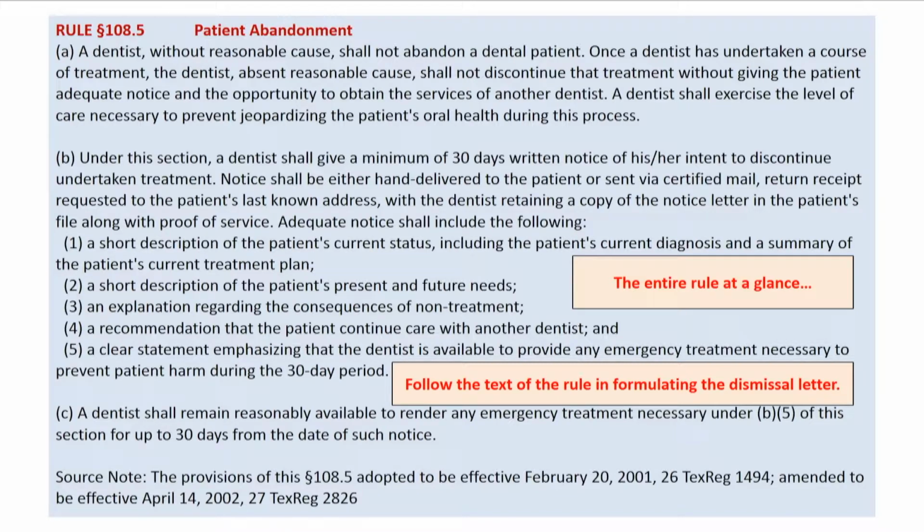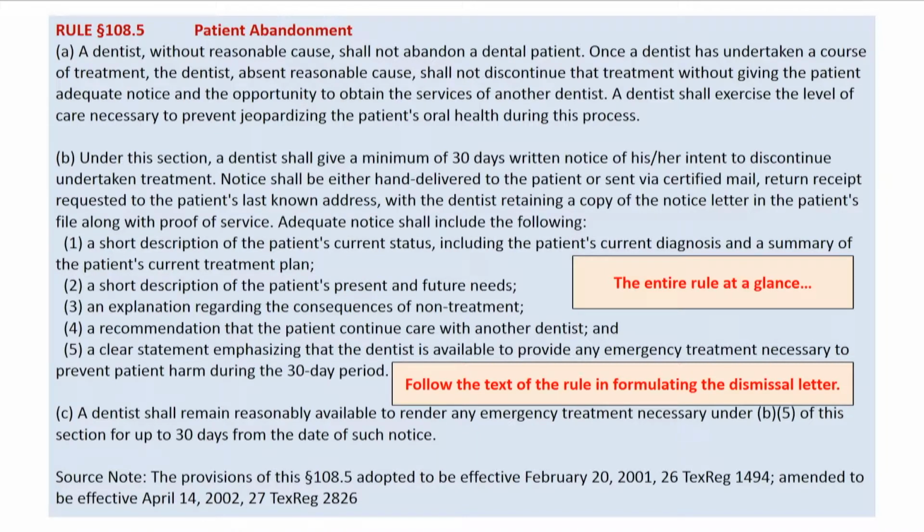And you may start off your letter excellently and say that your letter is being sent pursuant to Rule 108.5 and proceed, but if you leave out any component, any element, any requirement that is listed as you see here on the screen, when you look at the entire rule at a glance, if any one of these items is missing from your letter, technically, and I have seen it in particular cases, you could find yourself being in violation and disciplined for being in violation of Rule 108.5.